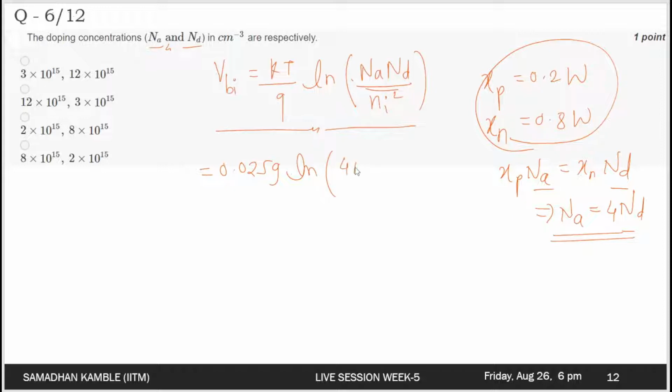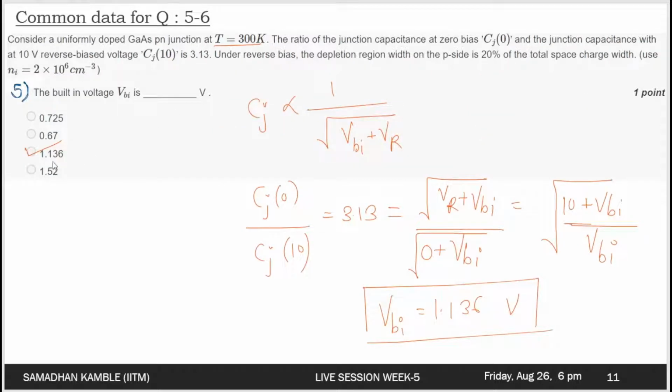So we will have 4 times Nd squared divided by ni square. ni is given as 2 times 10 to the power 16, squared. So if you just solve for Nd, we can substitute the value of built-in potential, V built-in, that we calculated, that is 1.136 volt.